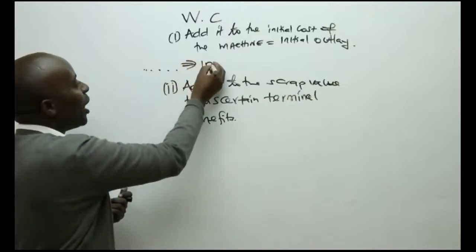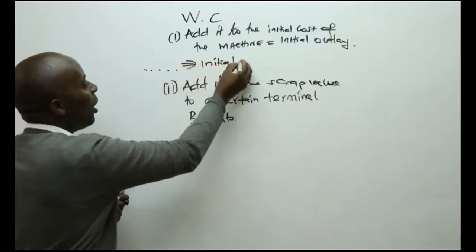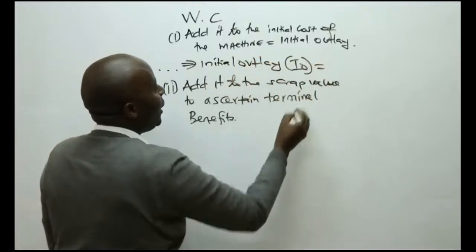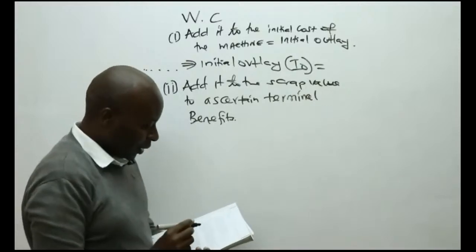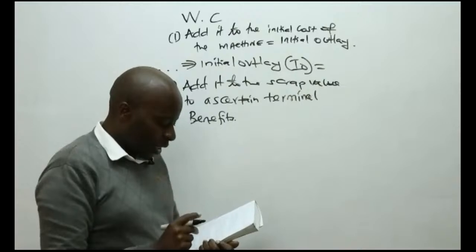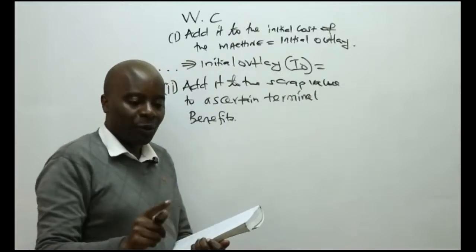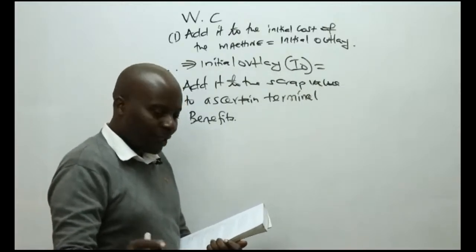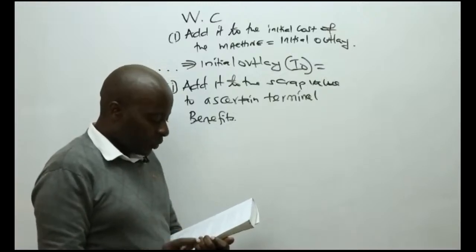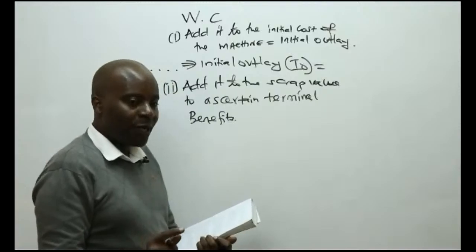So the initial outlay, what we call IO. The initial outlay, ladies and gentlemen, we are going to look at two things. We will take the cost of the machine. The cost of this machine, if you're able to see the question, is 125 million.